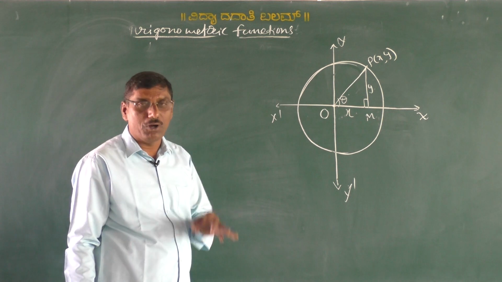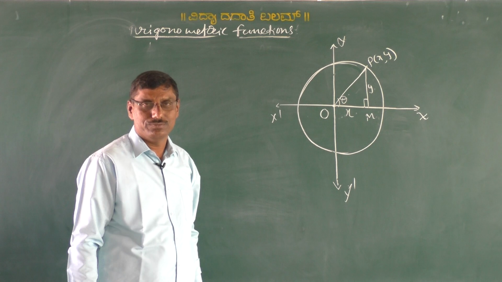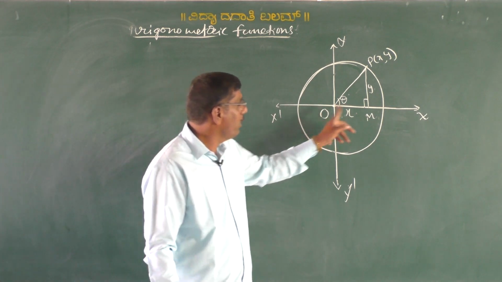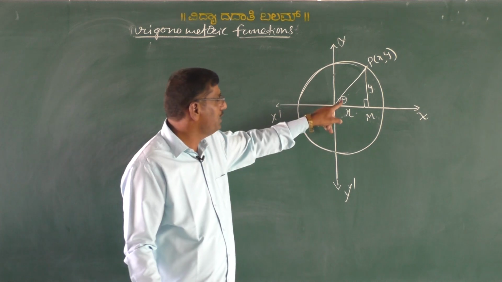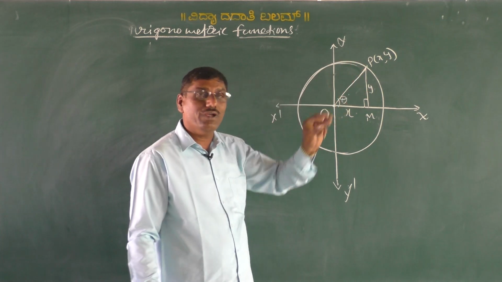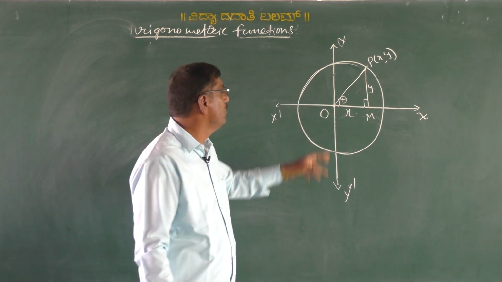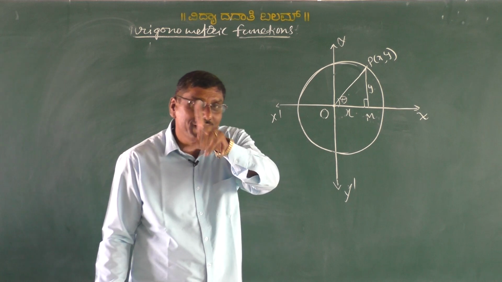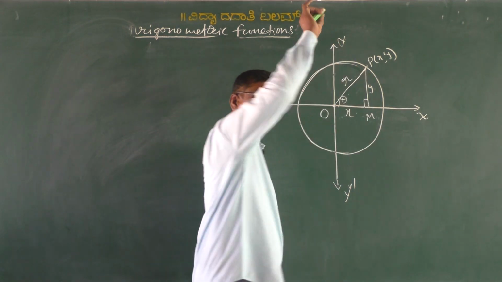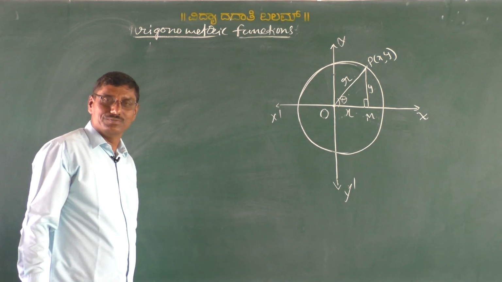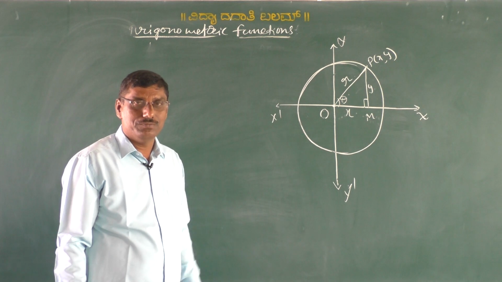We can consider it as theta. Now theta is an acute angle, no doubt. OM we know, PM we know. Since theta is an acute angle, PM we call the opposite side, OM we call the adjacent side, OP we call the radius. We call the radius r. Are you understood, all of you?